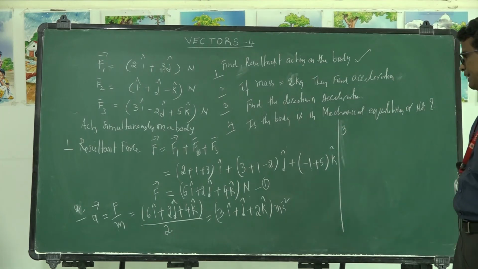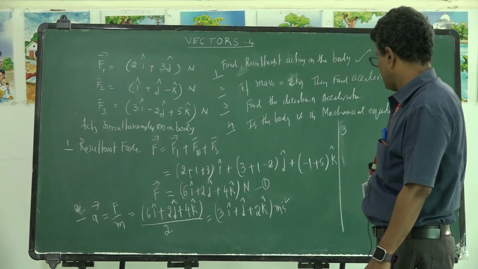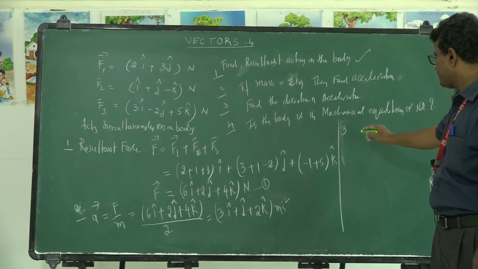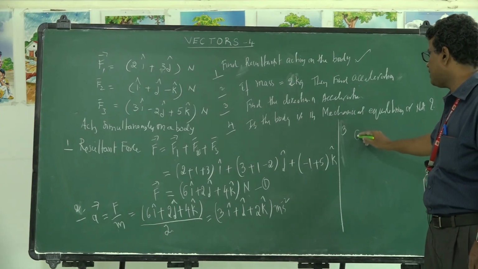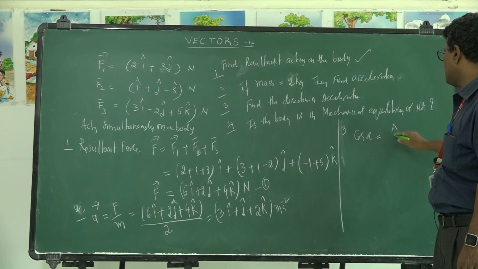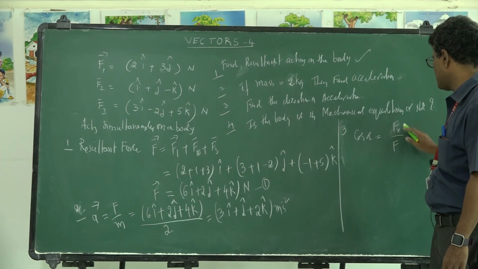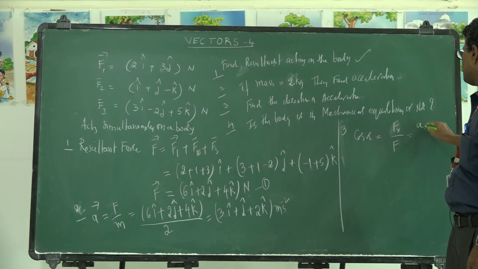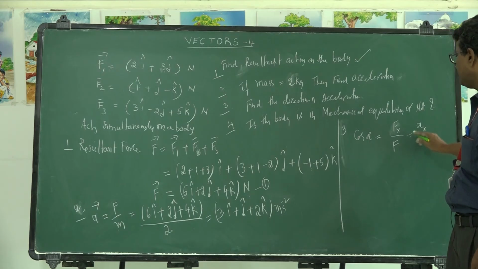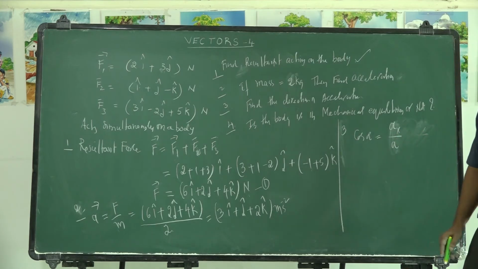So we want a direction. As I said, how can we find the direction? I am using cos alpha. Cos alpha is the x component of acceleration, since we want the acceleration direction, by its magnitude.